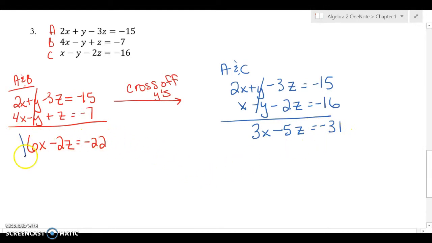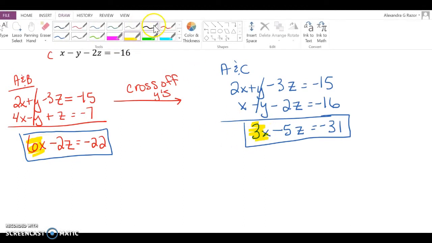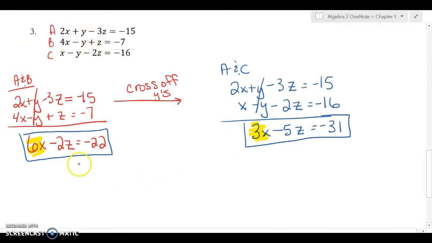Now I have two equations that have only an x and a z, so I'm going to put these together by using elimination. Now remember, we have to have variables the same, so I'm going to make my first variables the same. And so the number that I get for 3 and 6 is 6. And so I'm going to make this one down here a negative 6.